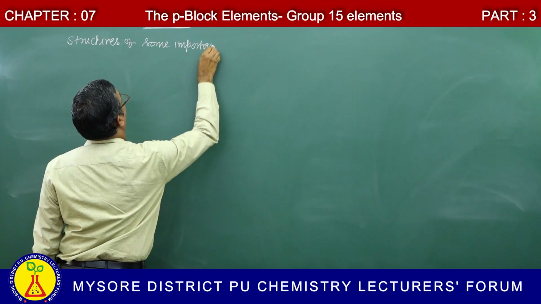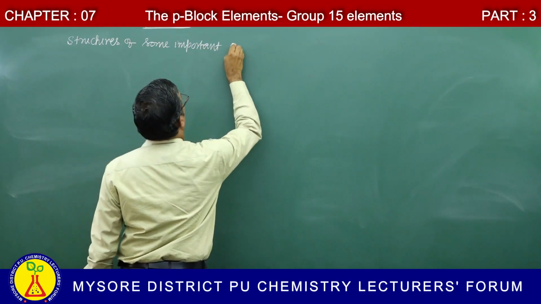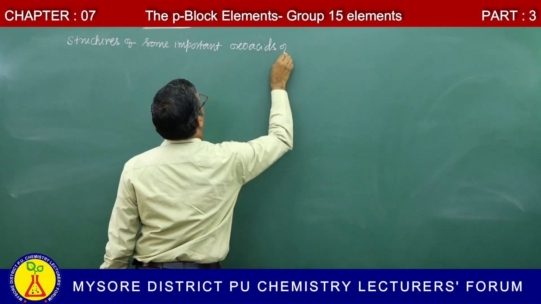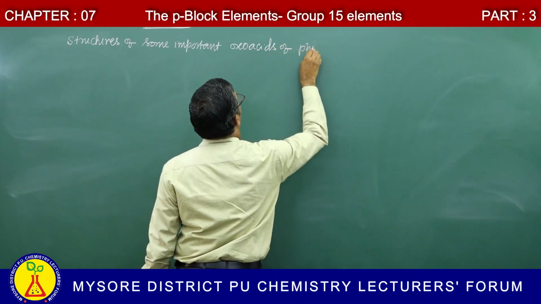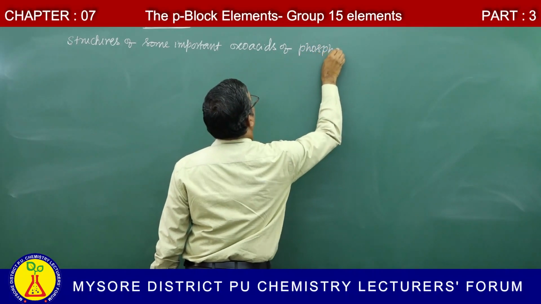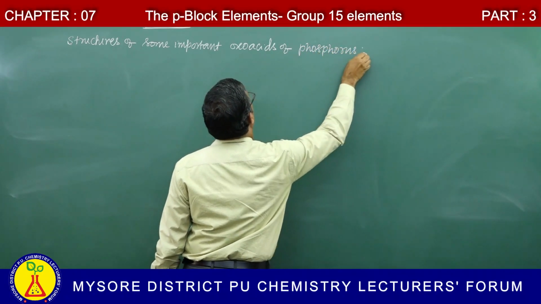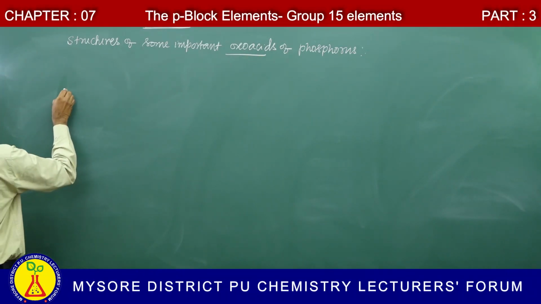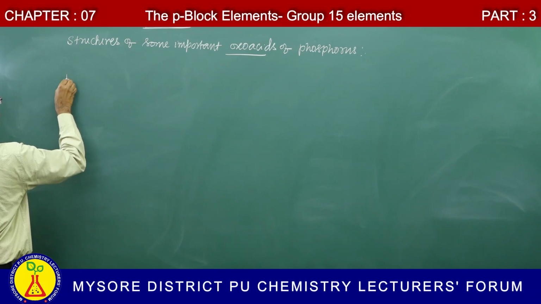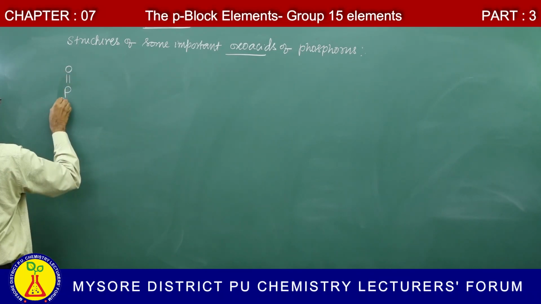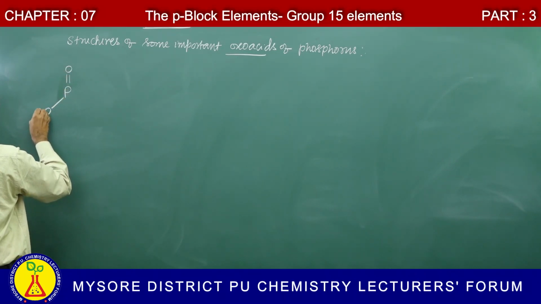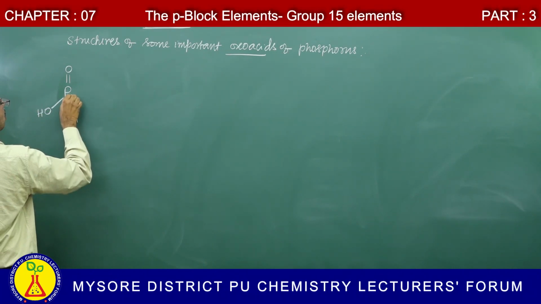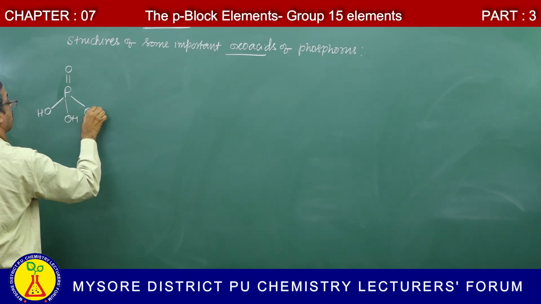First one, orthophosphoric acid: P=O, OH, OH, OH.